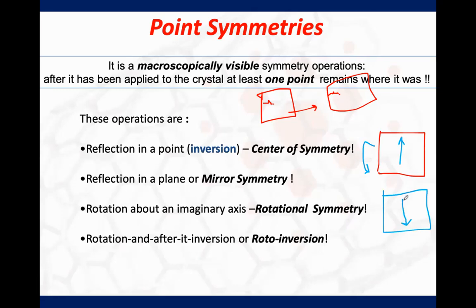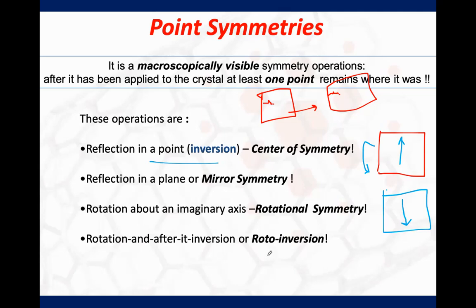No difference. So this type of symmetry operation is also there. You can put something upside down and then look at the symmetry. That sort of symmetry is called an inversion, inversion of a symmetry.